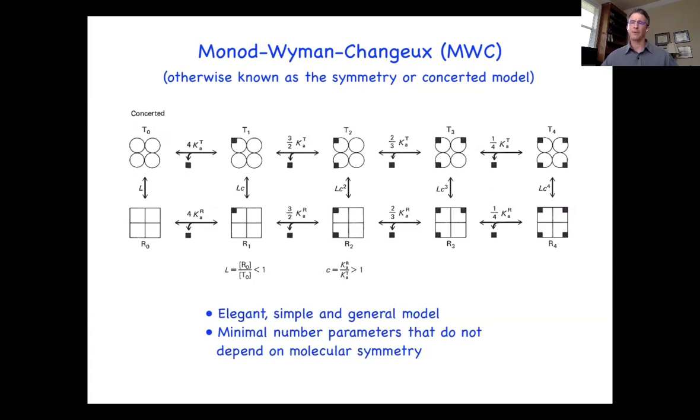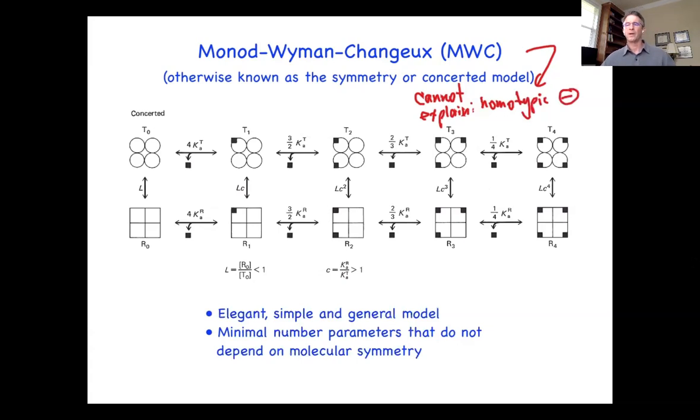There was only one problem for this model. And that's the way this model is formulated. The MWC model cannot explain homotypic negative cooperativity.